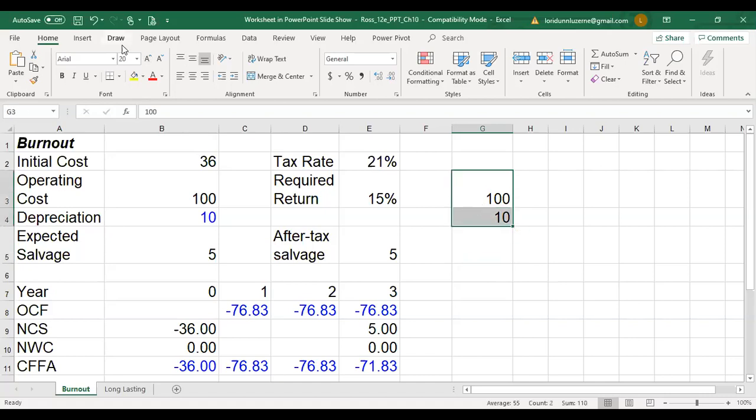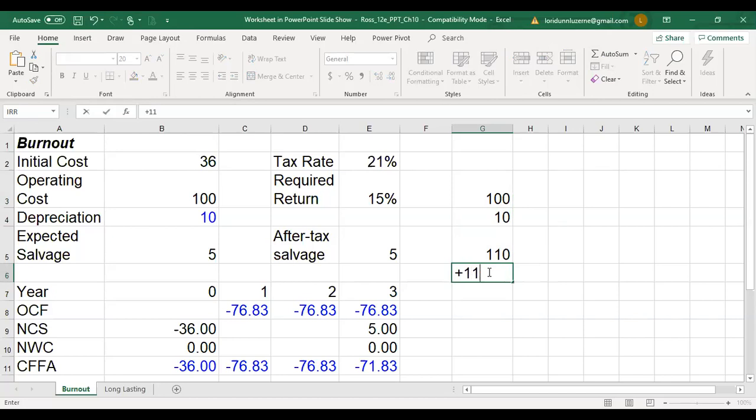And now there's no savings here, okay? Because we're not looking at something from a savings perspective. We're looking for the thing that costs the least amount of money, but there's no cash savings. They're all expenditures. We will have 110 in costs, times 21%. So that means a tax savings of $23.10.